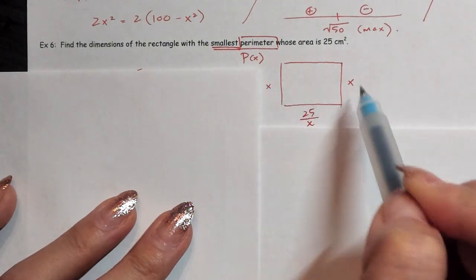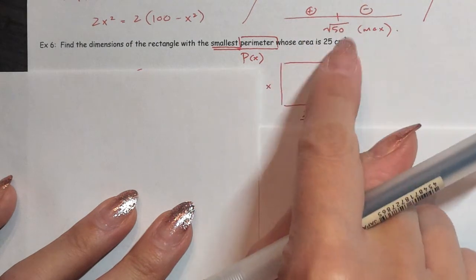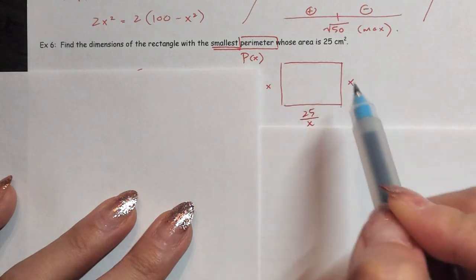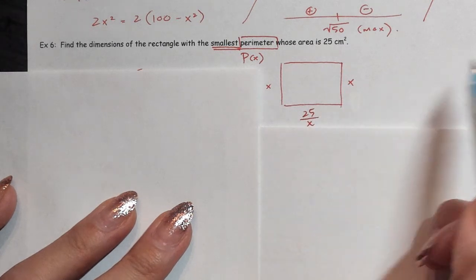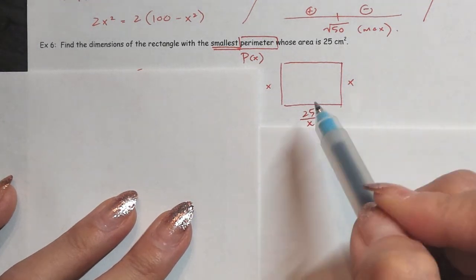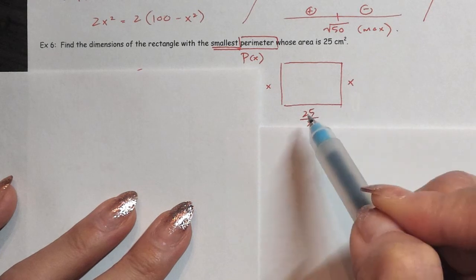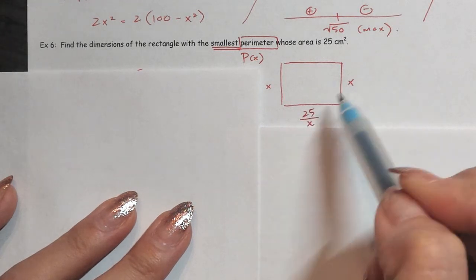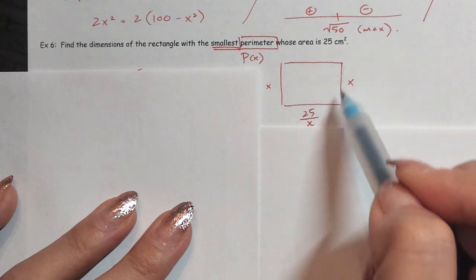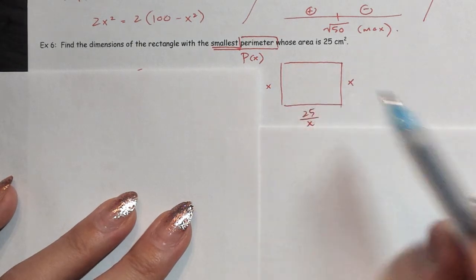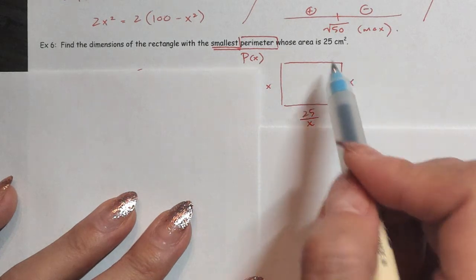I'm going to call one side x, and the area is 25. So something times x equals 25. If I solve for that something, I divide by x on each side, and I get 25 over x. If I multiply these, do I get 25? I do, because area is this times this. I'm good. Okay, so there's my picture.